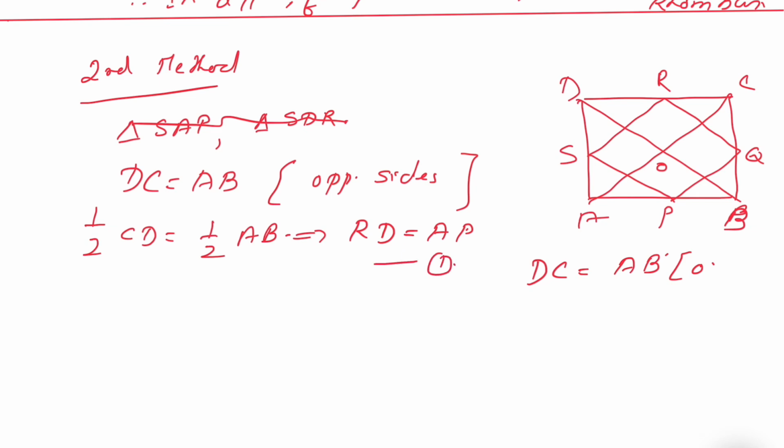Similarly, AD equal to BC, so half of AD equal to half of BC. I write the step fully.